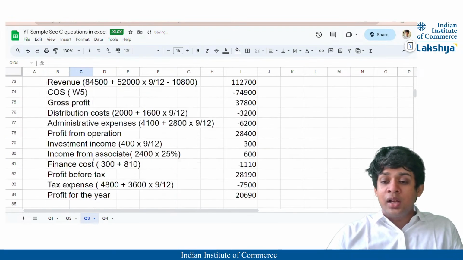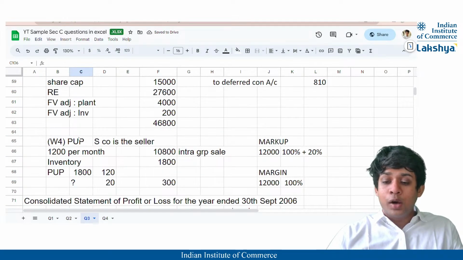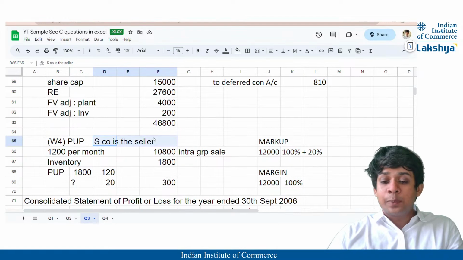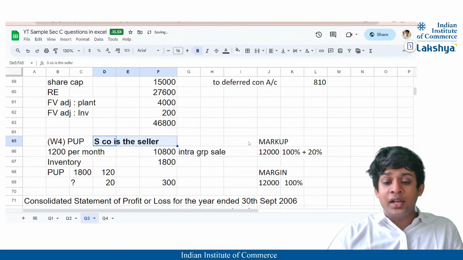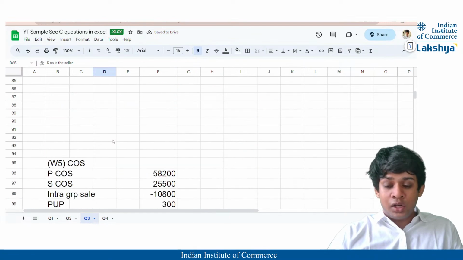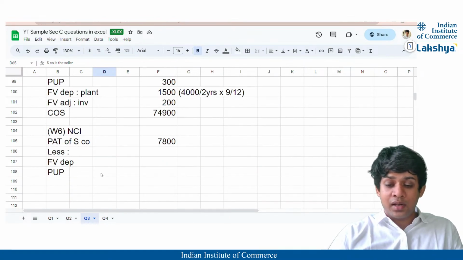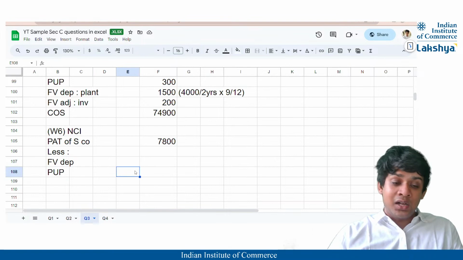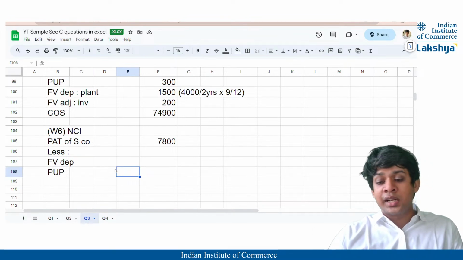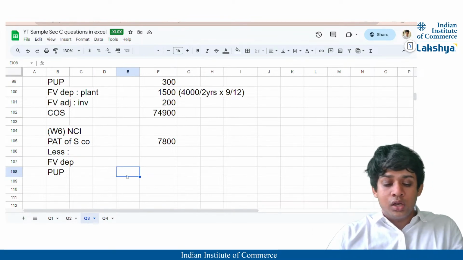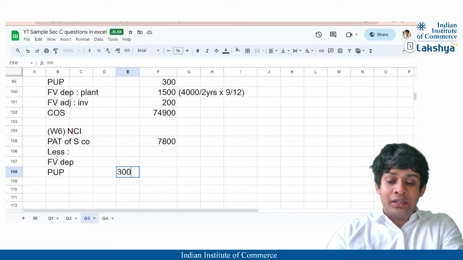Why? Because see, this working note, PUP, who is the seller? Subsidiary company is the seller, and thus it will be reduced from the NCI as well. Okay. Otherwise, if the parent was the seller, you will not adjust it in NCI. Please keep that in mind. Okay. So what is the PUP? It is nothing but 300, right?